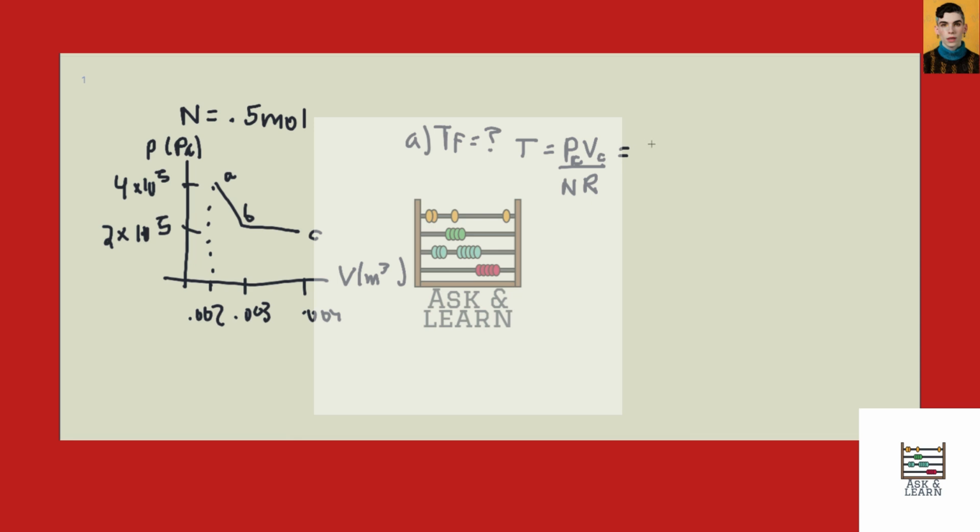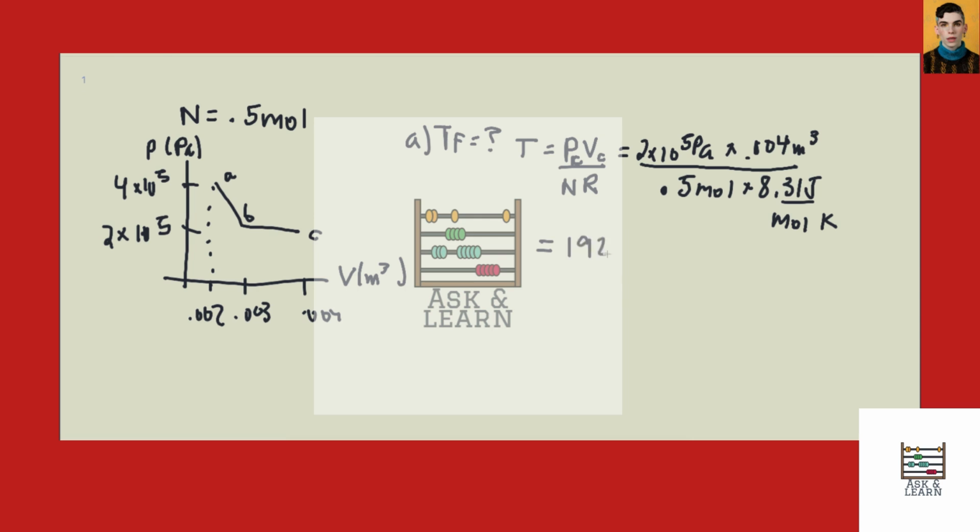P at C is 2 times 10 to the 5 pascals. V at C is 0.004 meters cubed. You want to divide this whole thing by 0.5 mole and multiply by 8.31 joules per mole Kelvin. If you plug that all into a calculator, you get 192.5 Kelvin, or at least that's what I got.